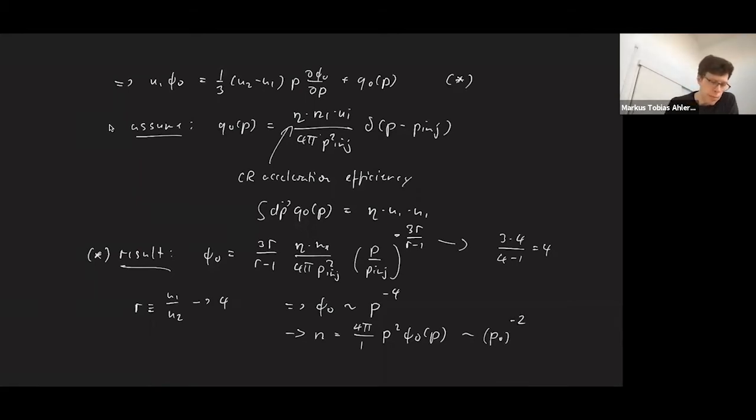And this is basically the main outcome of this exercise. Diffusive shock acceleration in the case of strong shocks will give us a particle spectrum in the shock that is scaling like energy to the power minus 2. Are there any questions at this point?